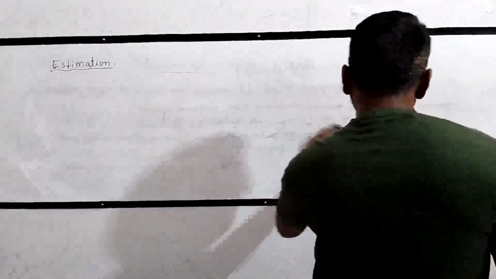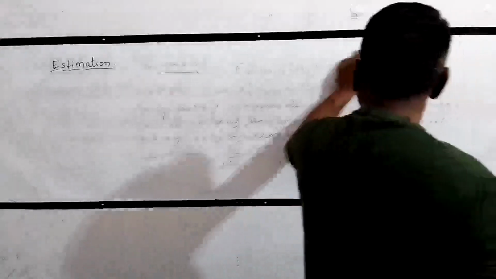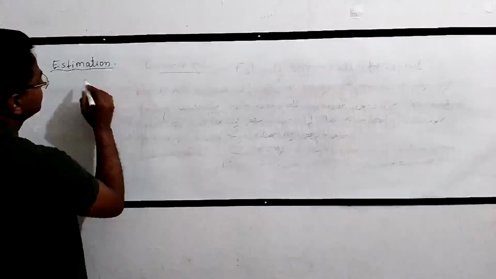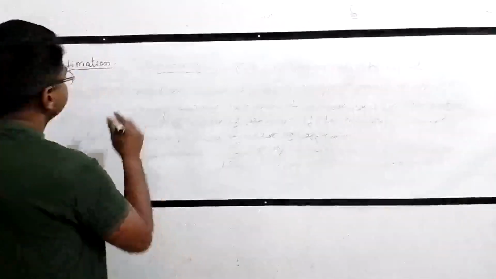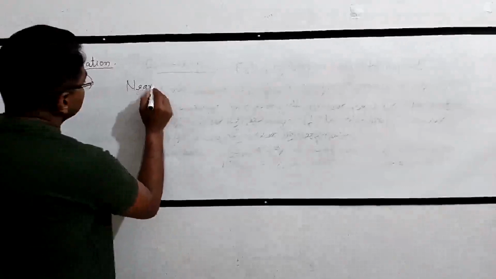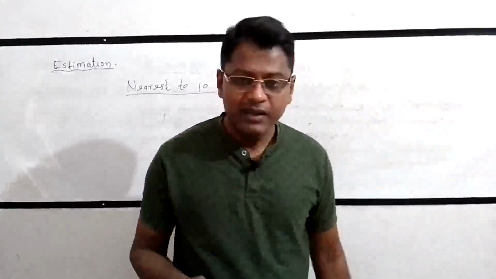On the basis of the general estimations, you can assume the nearest to 100, 10, 1000. Next one is estimation nearest to 10.